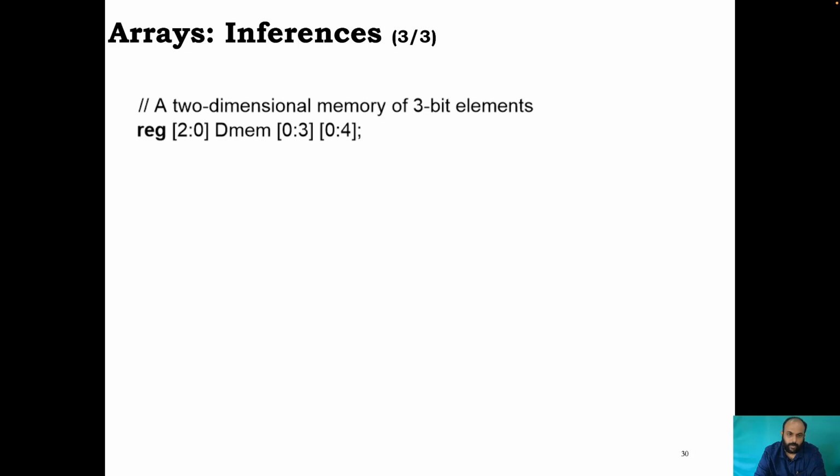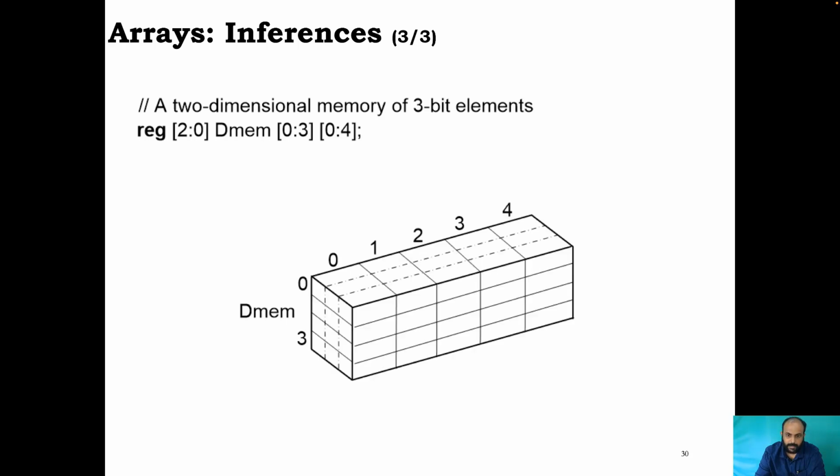The first width represents the row, the second width represents the column. So it is a two-dimensional array having 4 rows and 5 columns. The first row is row number 0, and the first column is column number 0. And each row-column intersection is a cell which can accommodate a 3-bit word.